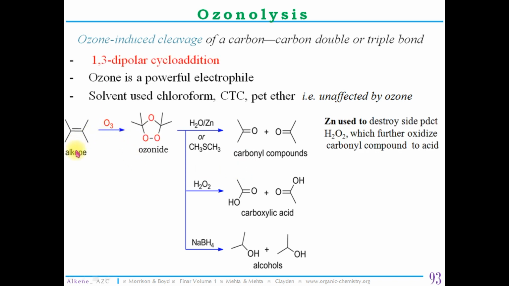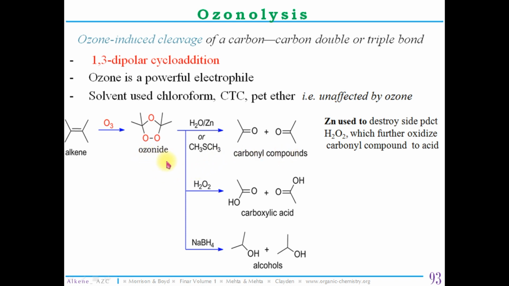Ozone, when reacting with an alkene, first gives an ozonide intermediate, which upon reaction with water or dimethyl sulfide gives carbonyl compounds.